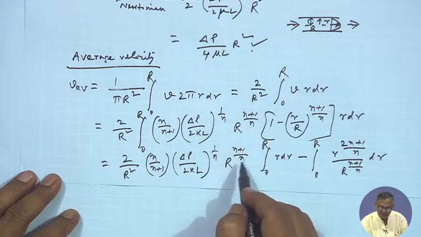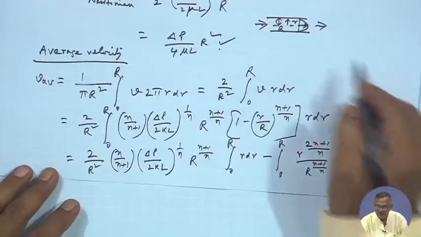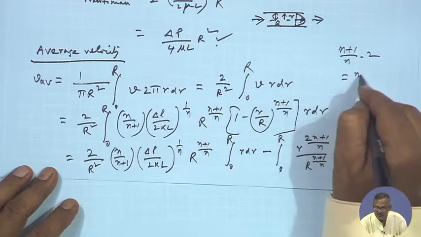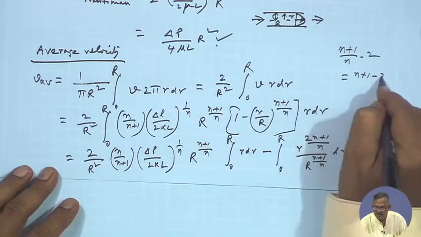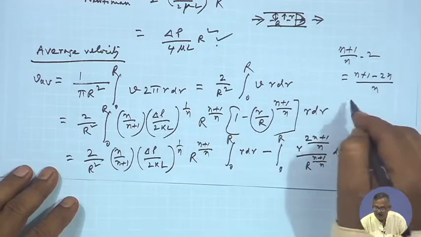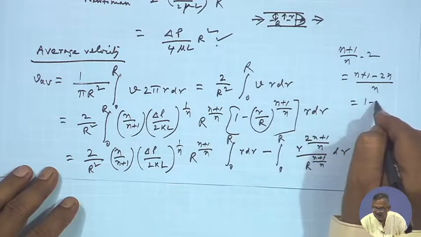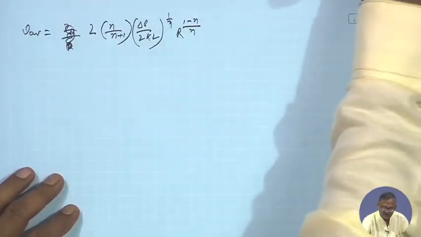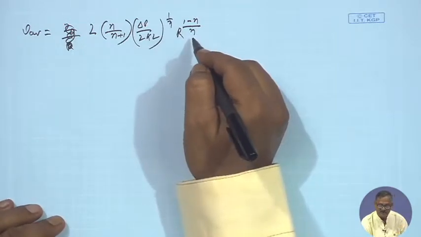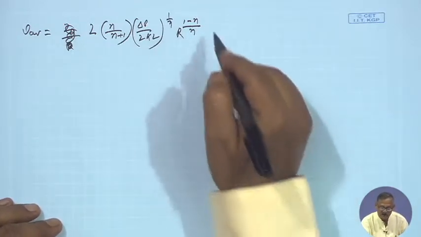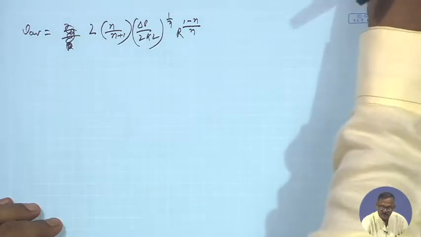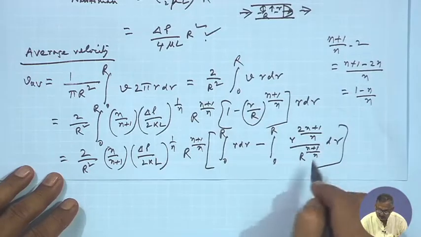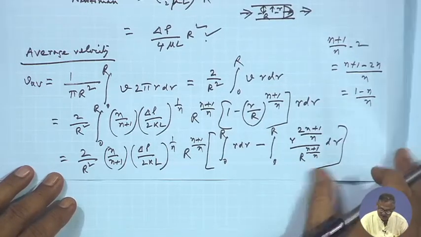So, n plus 1 by n minus 2, this is equal to n plus 1 minus 2n divided by n, which is equal to 1 minus n by n, right. So, this is r to the power 1 minus n by n, right, and here we write this under bracket.